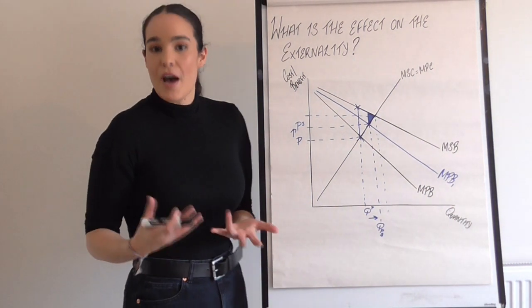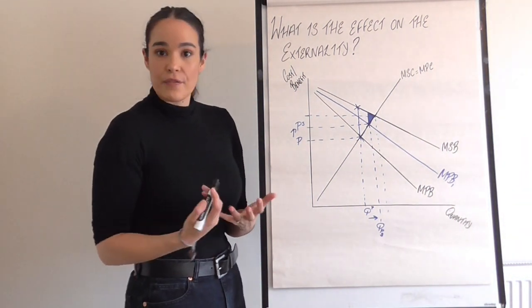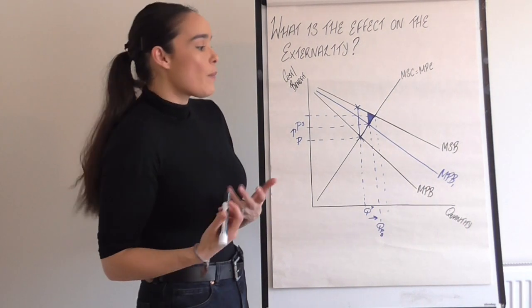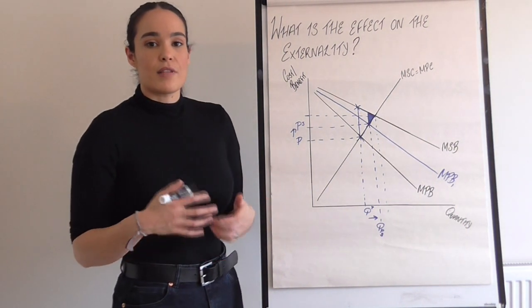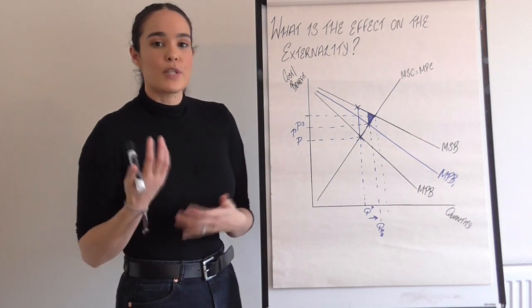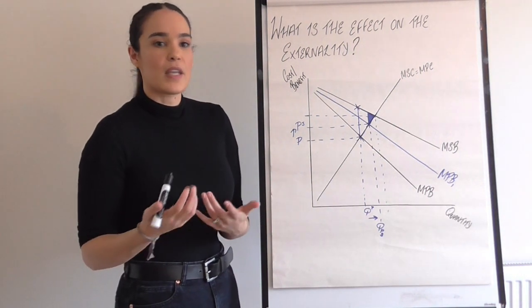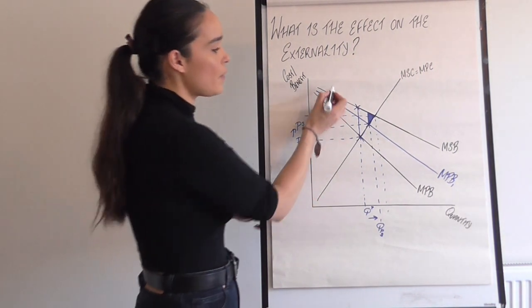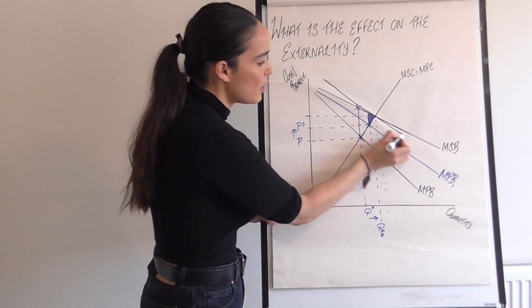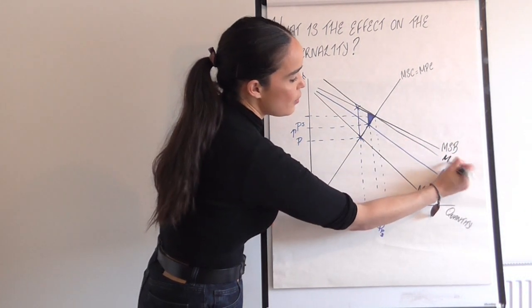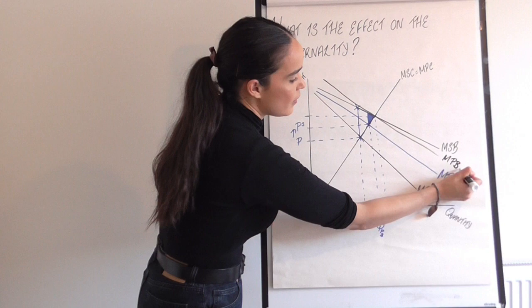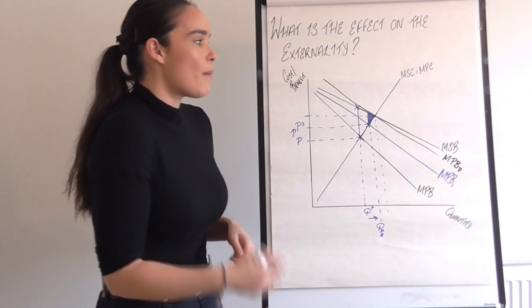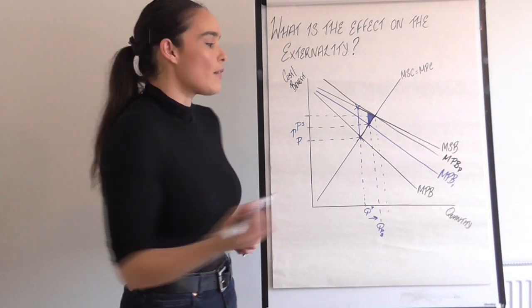But if it was a perfect subsidy, where would the marginal private benefit line shift to? Well, if it was a perfect subsidy, then obviously there is going to be no externality. They're going to be able to manipulate consumption enough that we have our marginal private benefit equal to our marginal social benefit, equal to our marginal social cost, equal to our marginal private cost.